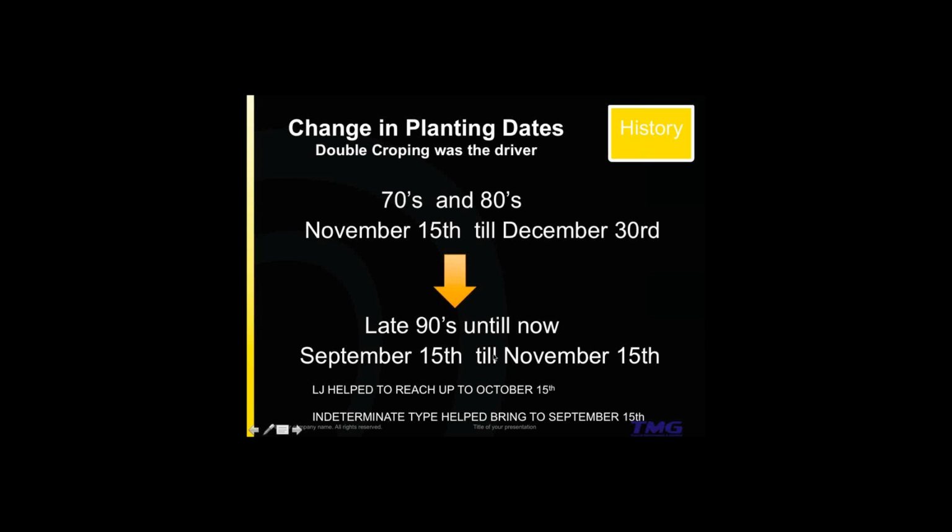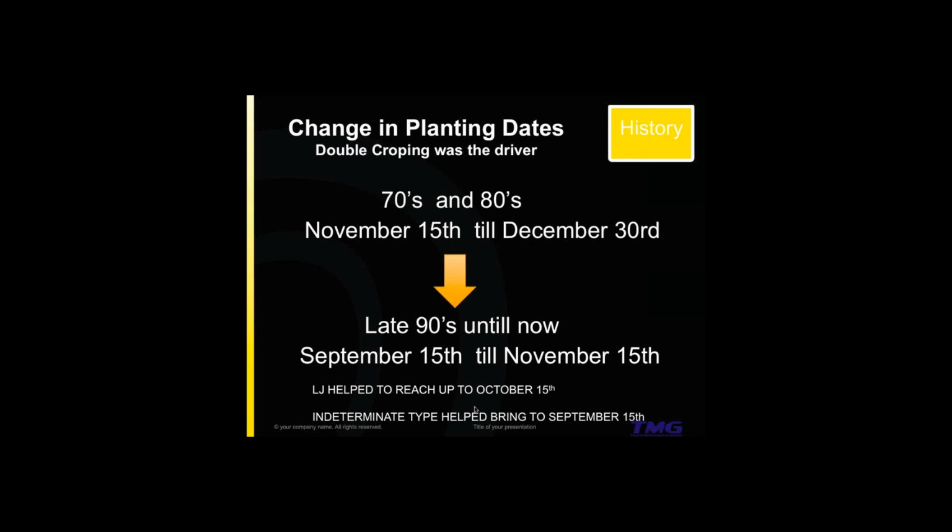The long juvenile trait helped, even in southern Brazil, to bring this planting season towards October. Especially, we could do that with long juvenile trait. We could anticipate the planting season until October 15.